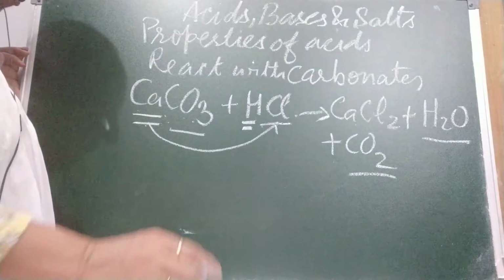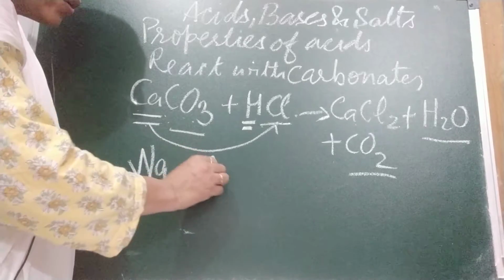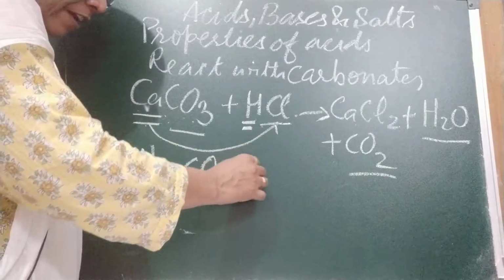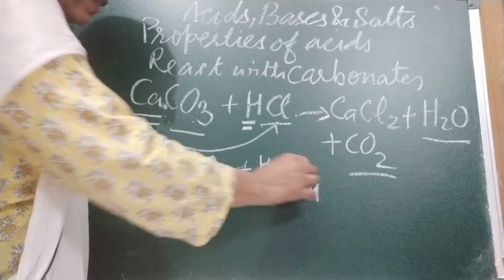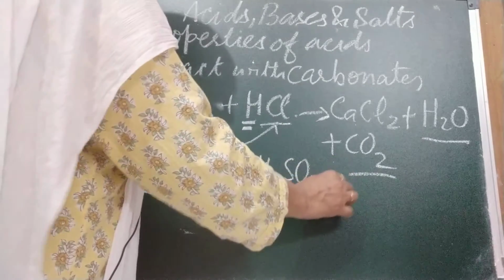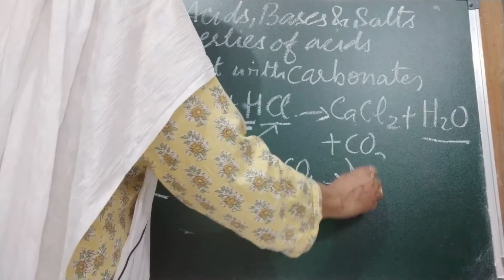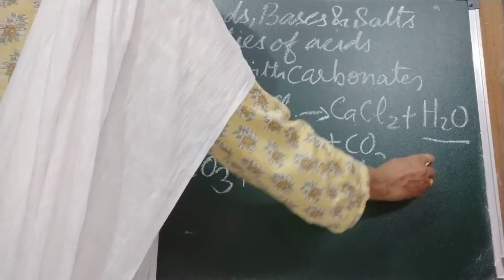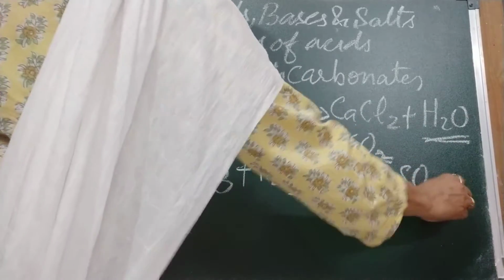chloride. One more reaction I am showing you. Na2CO3. This is sodium carbonate. When it reacts with sulfuric acid, it forms sodium sulfate, Na2SO4, and the same water and carbon dioxide.